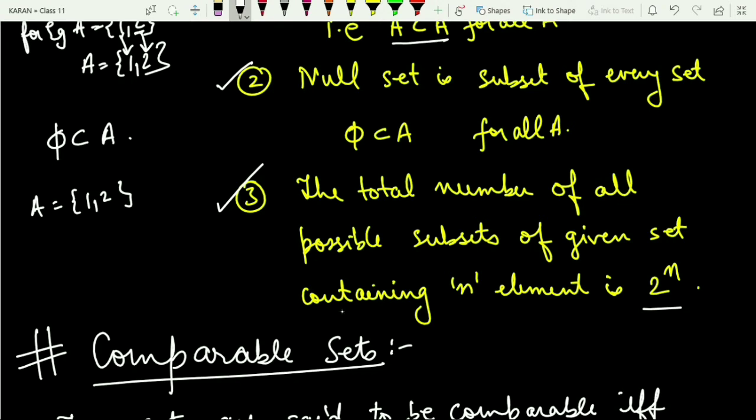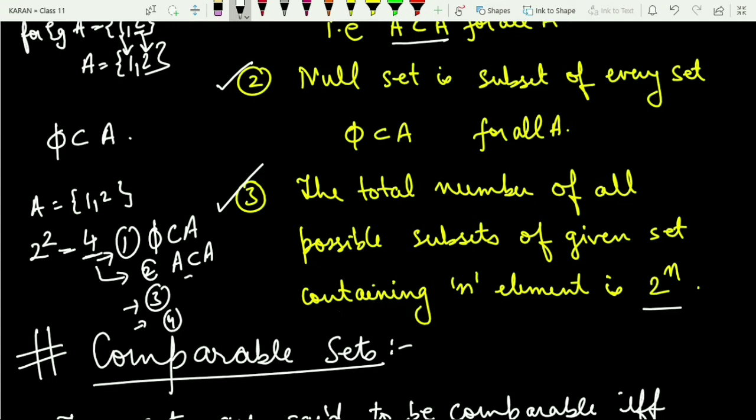For example, if A is {1, 2}, the total number of possible subsets will be 2 raised to power 2, that is 4. So there will be 4 subsets, and 2 subsets I have already defined above: first, the empty set is always contained in A, and second, A is contained in itself. What about the other 2? They will be singleton {1} and singleton {2}.